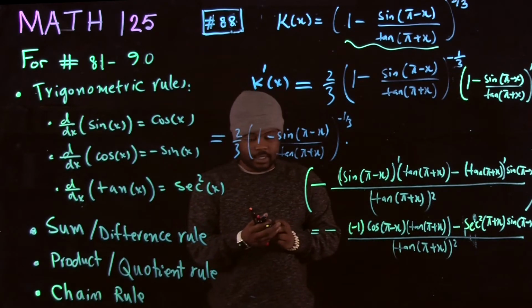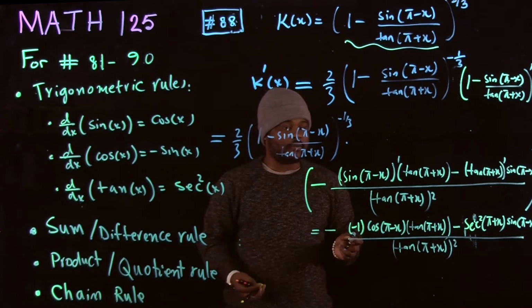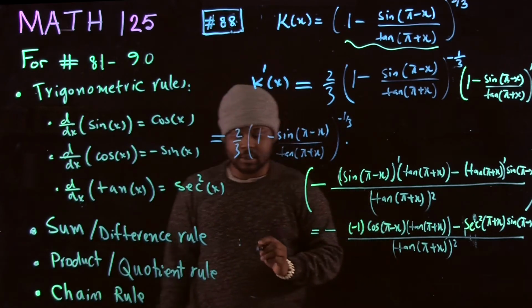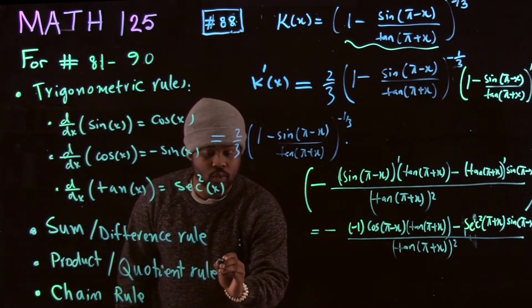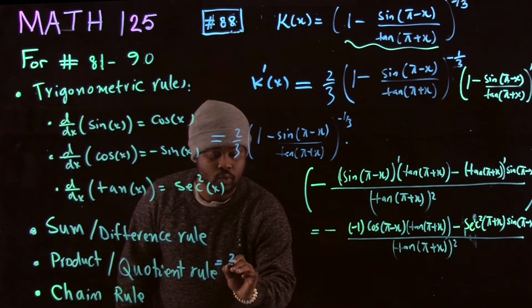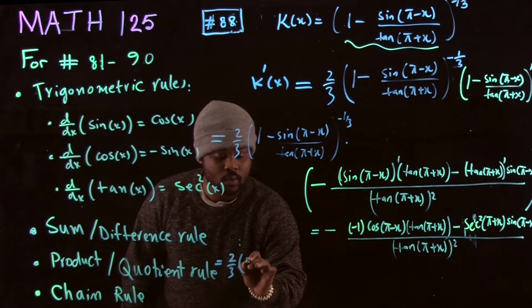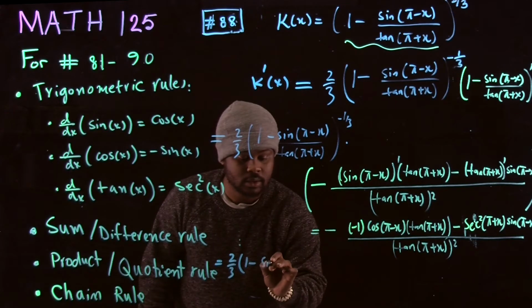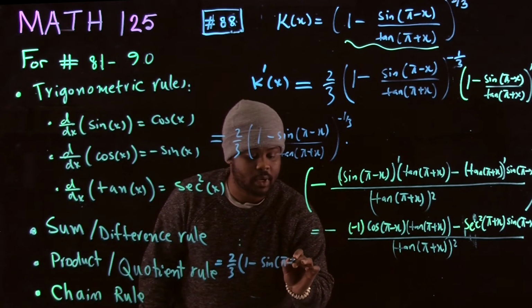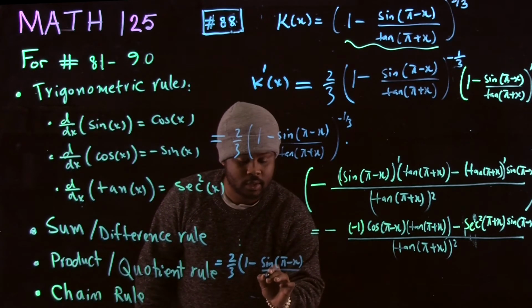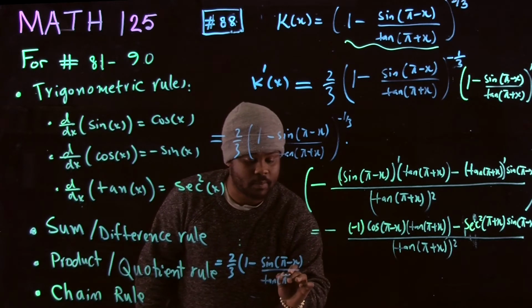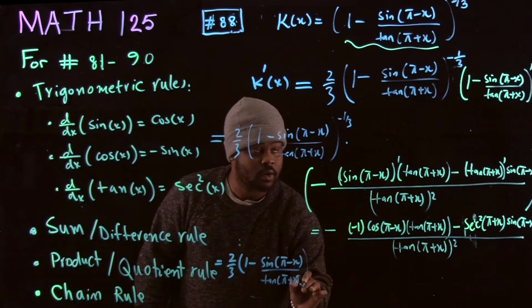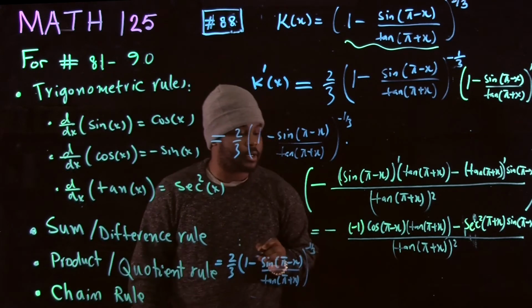Now when we write the final answer together after evaluating the derivative, this will be equals to 2/3 1 minus sine pi minus x over tangent pi plus x all to the negative 1/3.